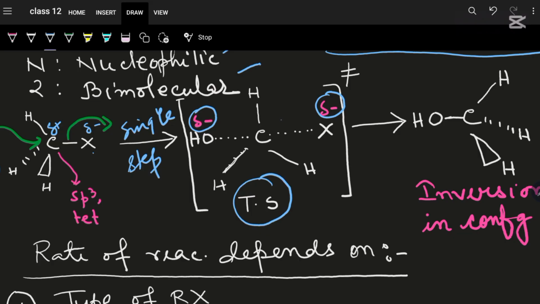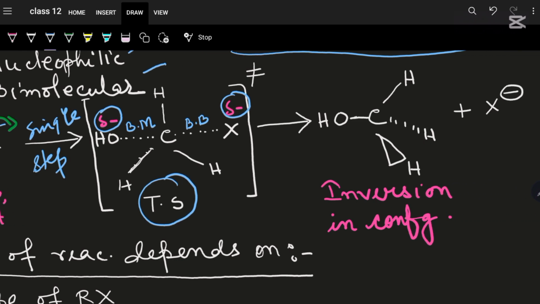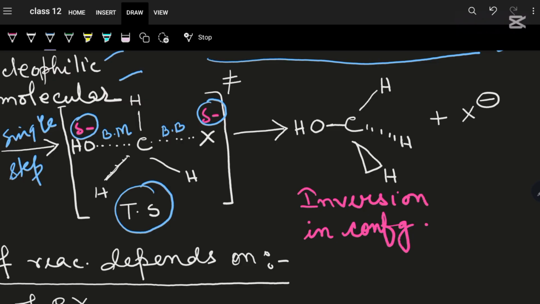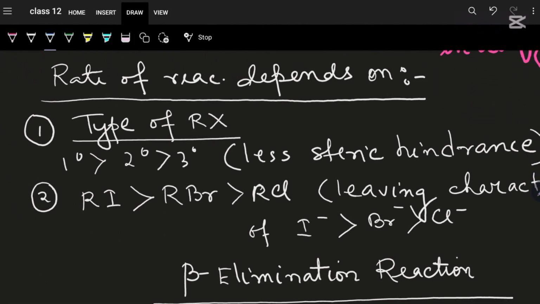So this bond is getting broken and this bond is getting made. This is bond making and the other is bond breaking. Carbon-halogen bond breaking, carbon to OH bond making. Now here inversion in configuration occurs just because it is a rear side attack and X minus is leaving. So this is the stereochemistry of the reaction.